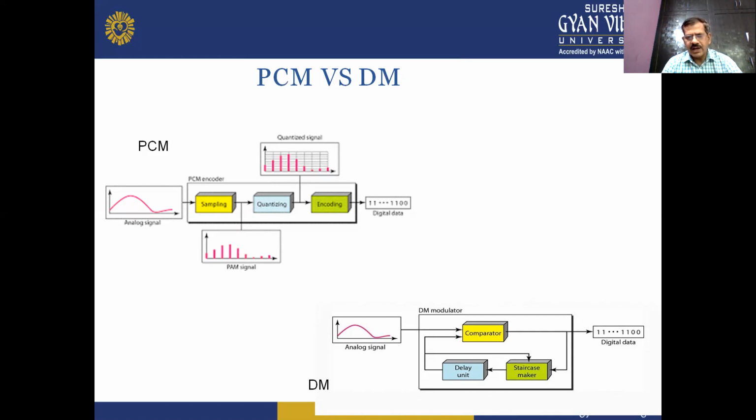The output of this comparator is fed back through the staircase maker, and the output of the comparator is also the digital output. So these are the differences between PCM and DM, which can be explained with the help of the two circuit block diagrams.